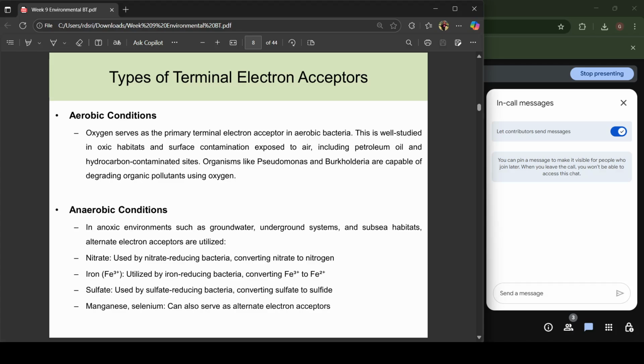These three are primary, very widely studied and present in nature. Apart from these, components like manganese and selenium can also act as terminal electron acceptors in anaerobic cases. So the types of terminal electron acceptors can generally be classified into aerobic and anaerobic conditions.